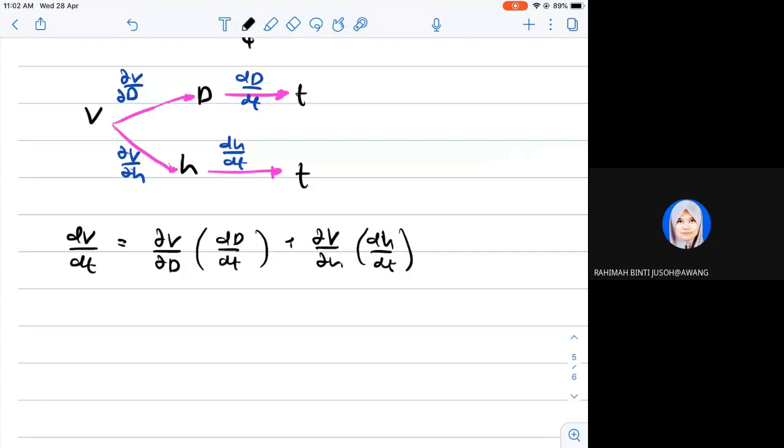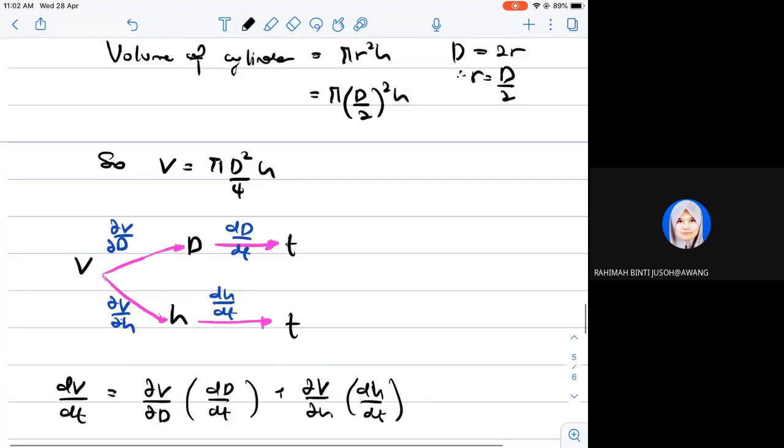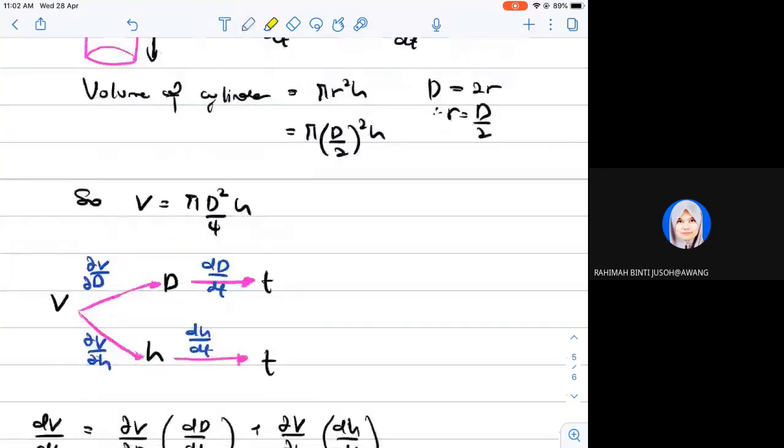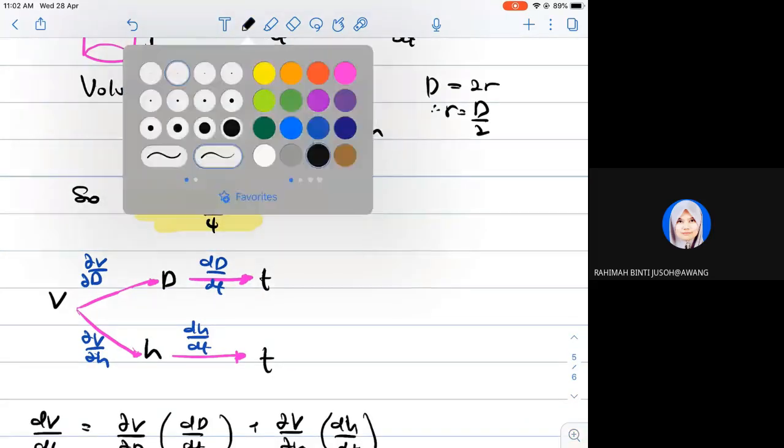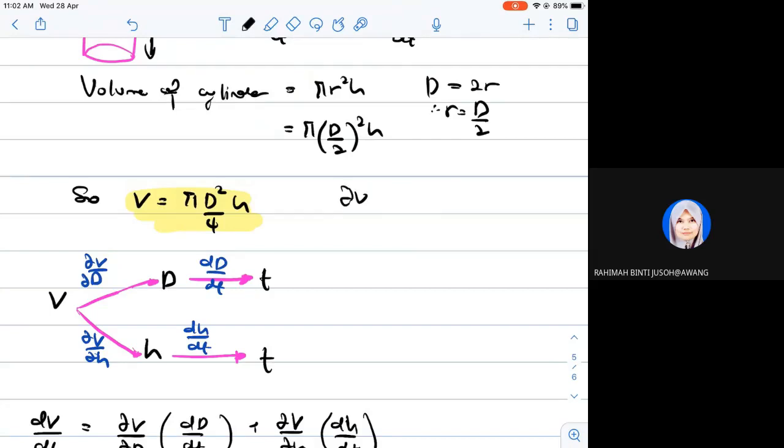Like that. Okay, so now from this formula, we can find del V over del D. So we differentiate V with respect to D. What do we get? The 2 comes to the front, right?